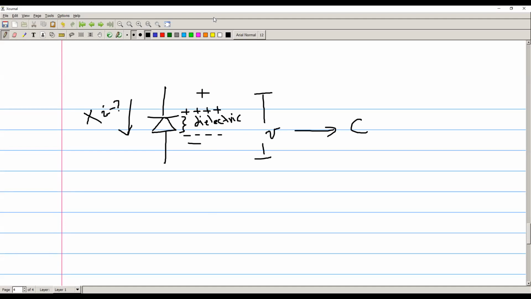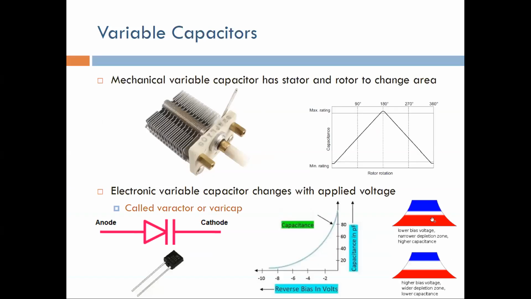When you have a lower bias voltage, you have a smaller depletion zone, which means you have a higher capacitance because you have a smaller separation, a smaller X. If you remember, the capacitance is equal to epsilon A over X. So when you have a smaller depletion zone, a smaller dielectric, you will have a higher capacitance. When you have a higher bias voltage, you have a larger depletion zone, meaning a lower capacitance. So depending on the voltage, you will have a different capacitance.